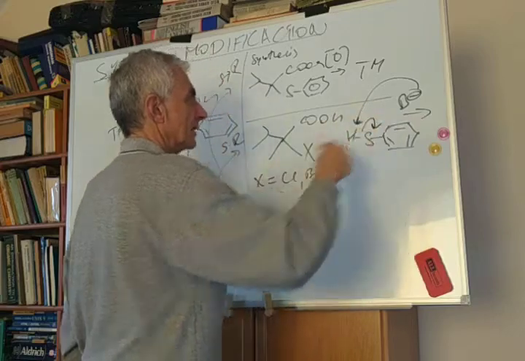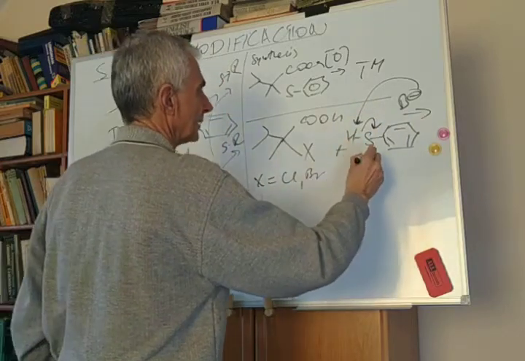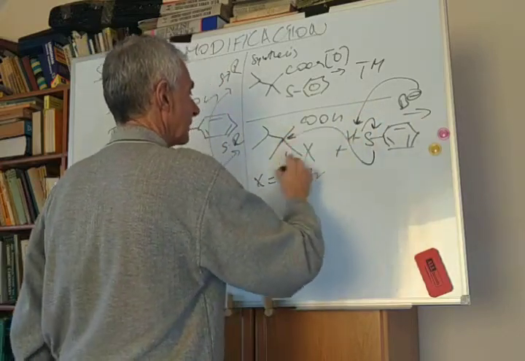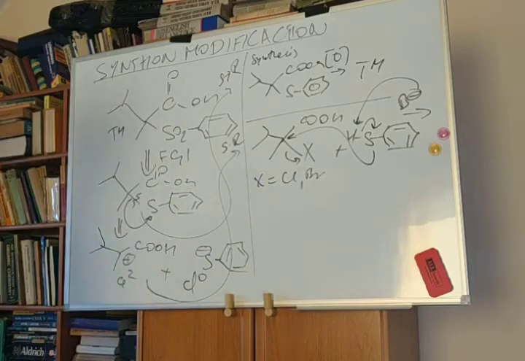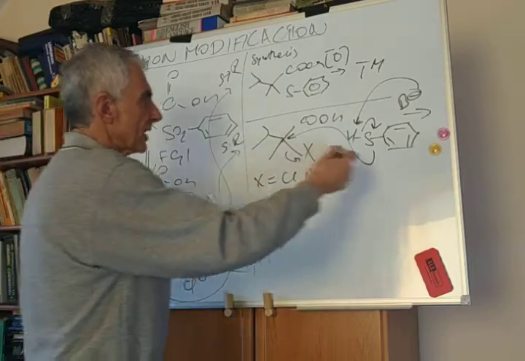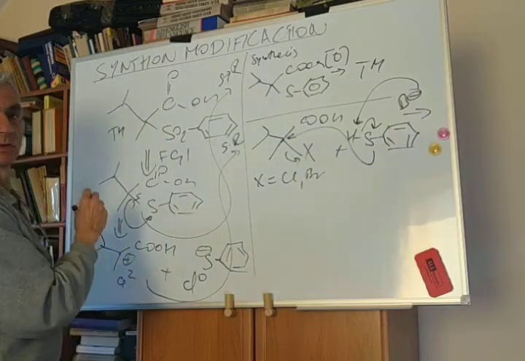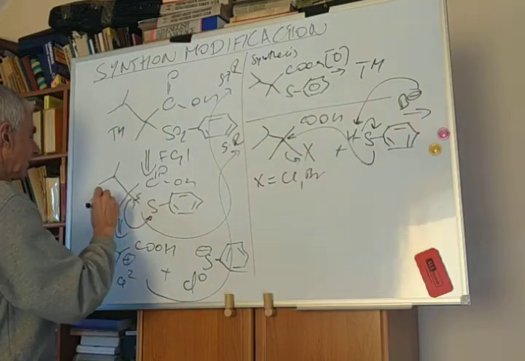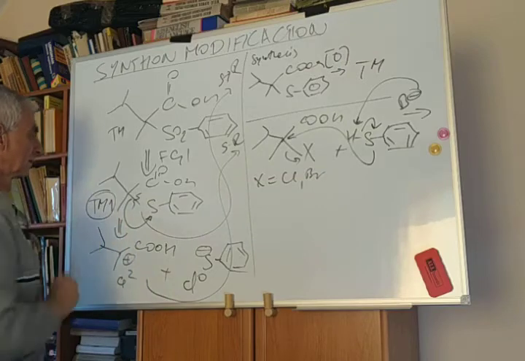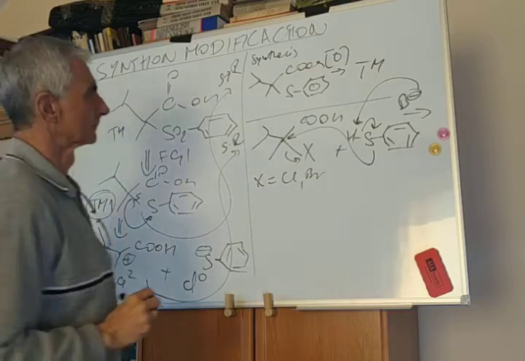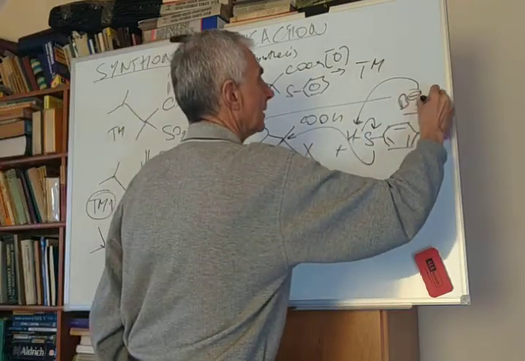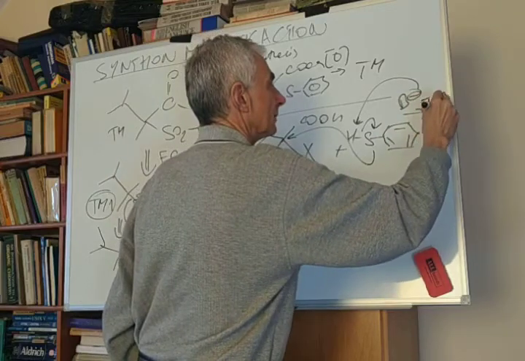This provides us the carbanion, which will react in the substitution reaction to provide the target molecule. Let's say we'll put here target molecule 1 to obtain target molecule 1.